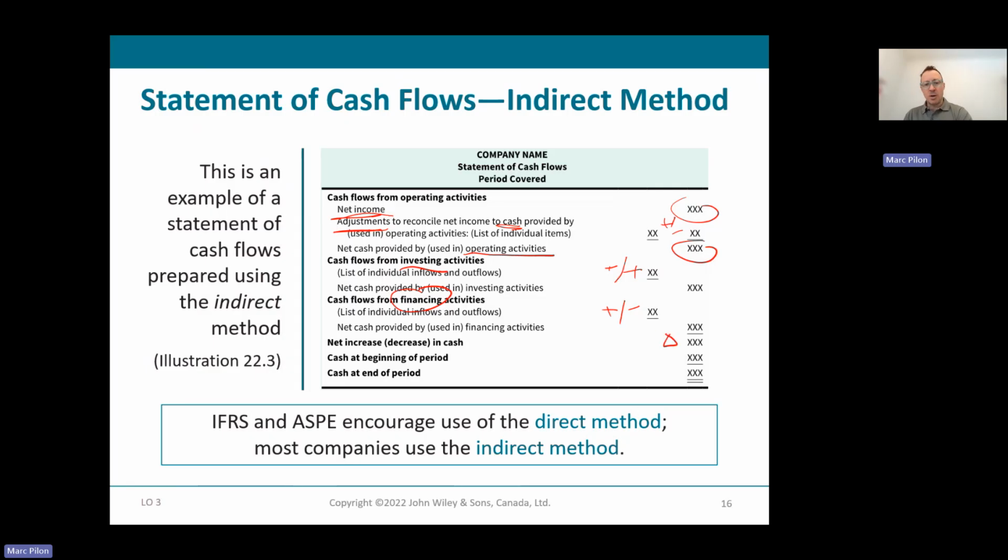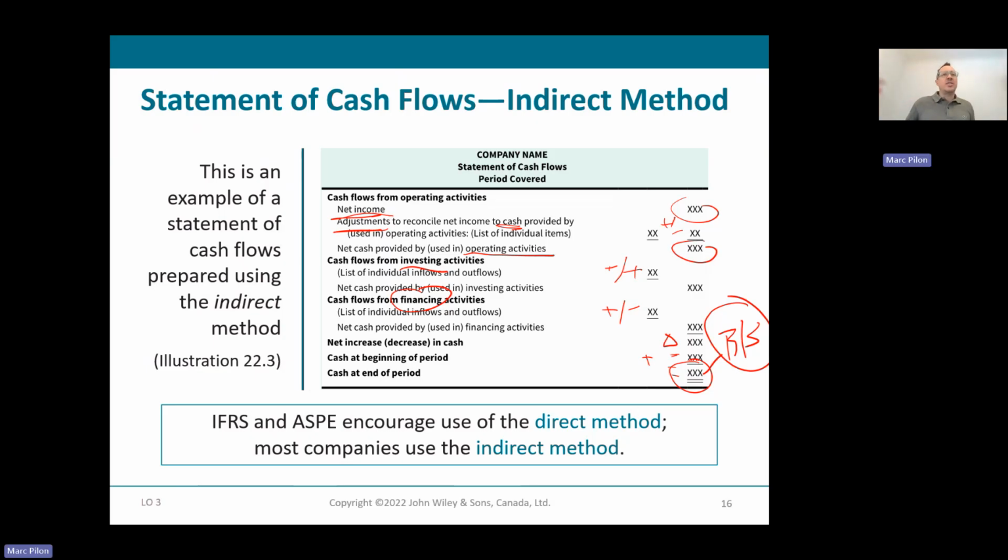We get our change, plus our beginning balance gives us our ending balance, and this should balance with the balance sheet at the end of the year. It has to, mathematically. There's no option. It has to balance with the cash and cash equivalent balance on the balance sheet.